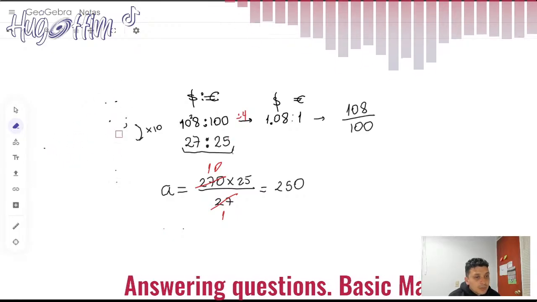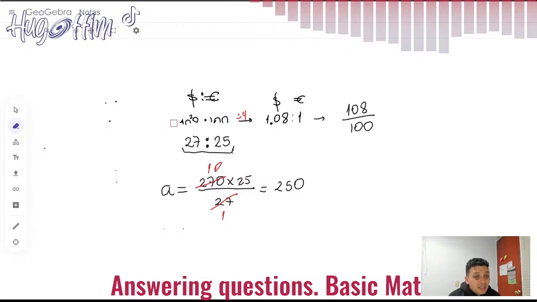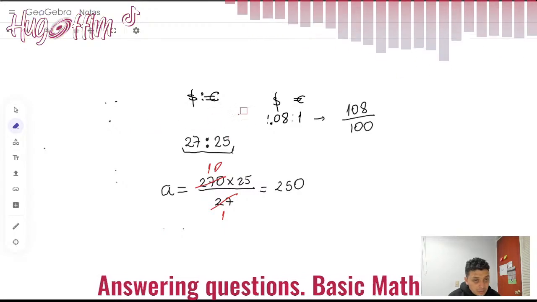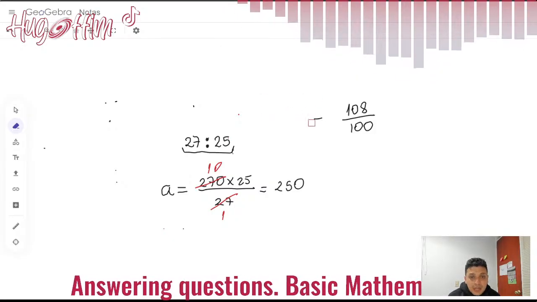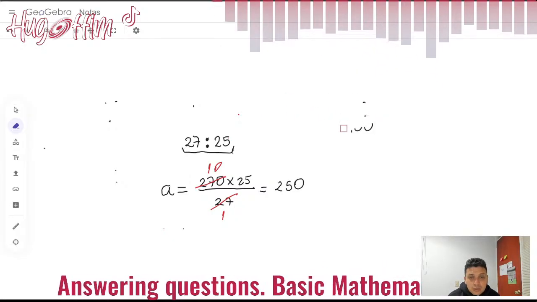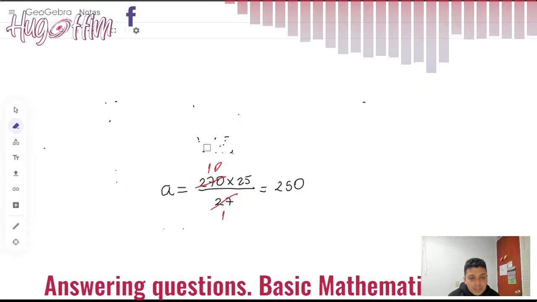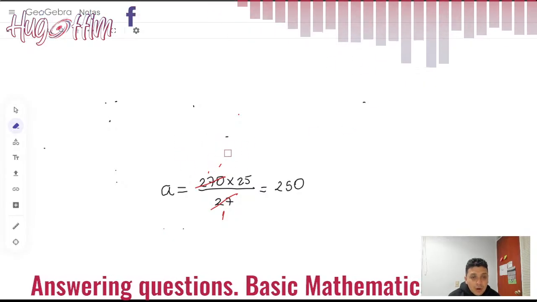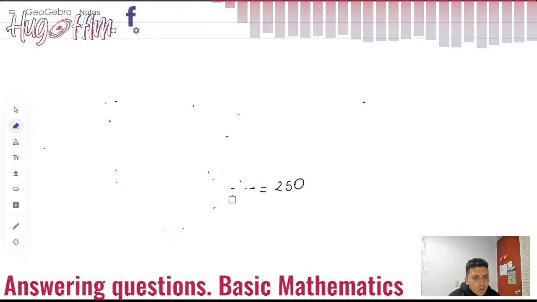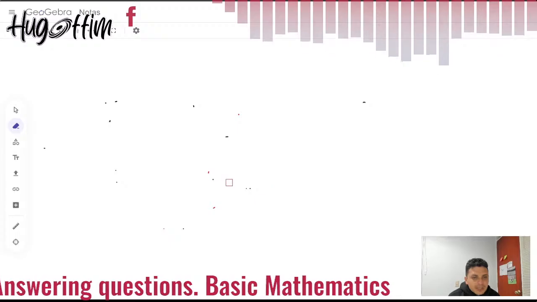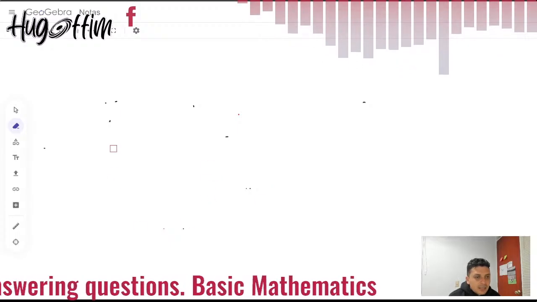If you go to a supermarket here in Colombia, supermarkets must put the unit price. And what does the unit price mean? They're going to sell you some quantity at some price, but they have to tell you how much it costs per unit of whatever they're selling. For example, let's say that they have rice.